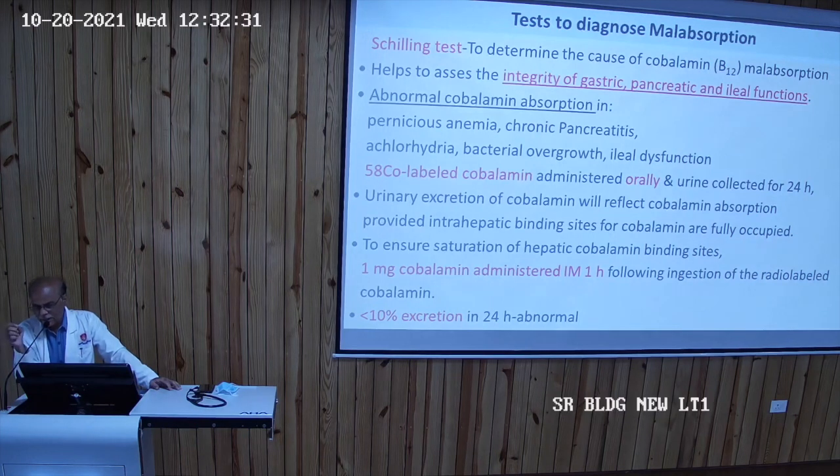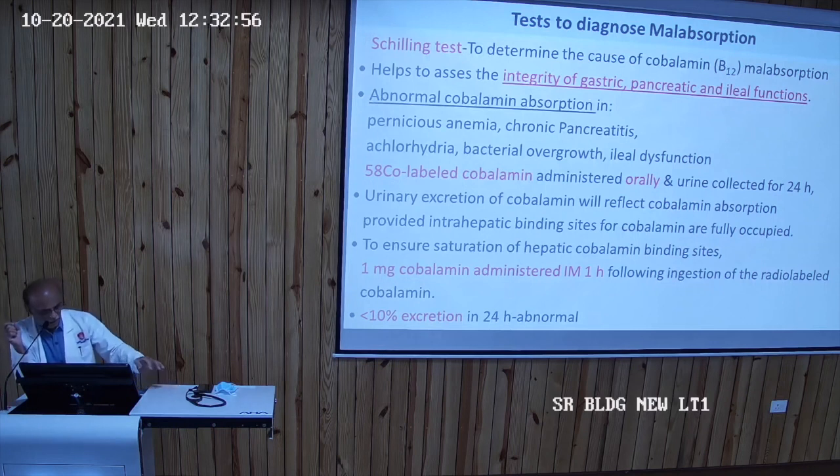For this, we will give an injection of B12 after 1 hour of the oral radio-labeled cobalamin. So after 1 hour, we'll give 1 milligram or 1000 microgram B12 injection. It will saturate the liver sites, and radioactive cobalamin will appear in urine.